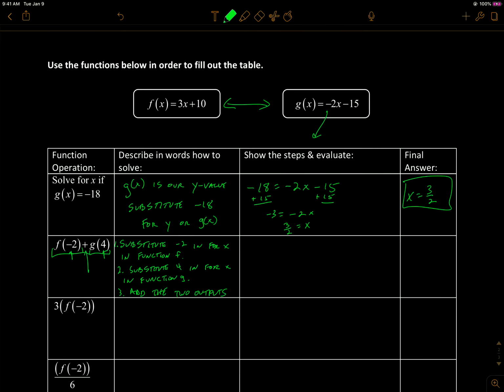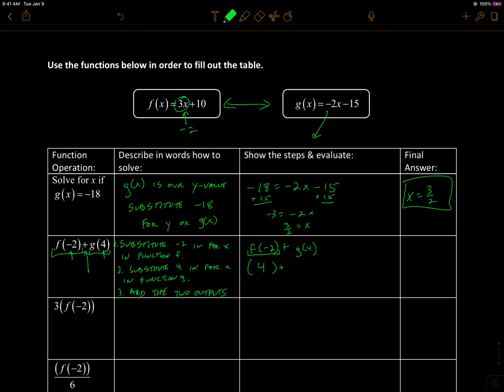All right, so f of -2 plus g of 4. So f of -2, when I plug -2 in for x, I got 3 times -2. We'll just do it out. 3 times -2 is -6. -6 plus 10 is 4.